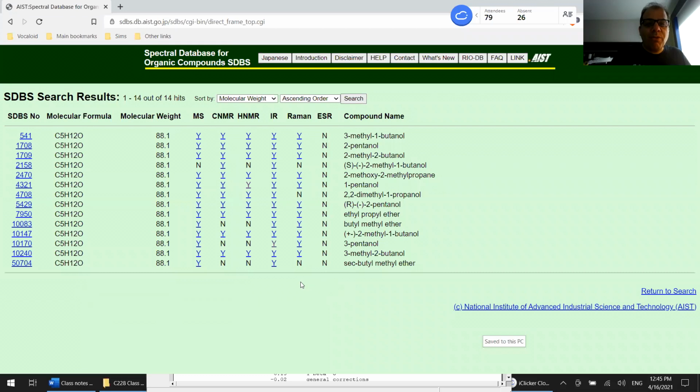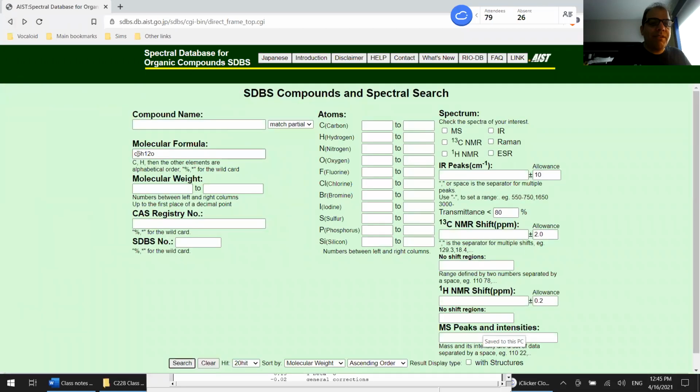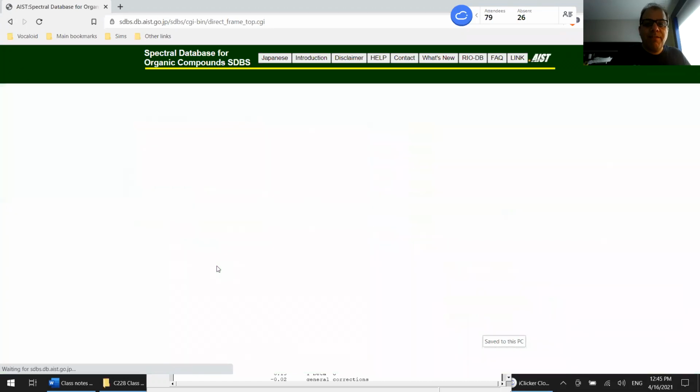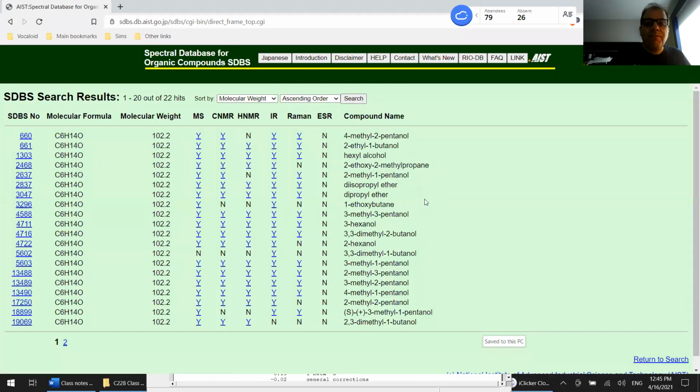Sec-butyl methyl ether doesn't have the proton spectrum. All right, let's try adding a carbon and see what we get. C6H14O. Hexyl alcohol, it's going to be boring.